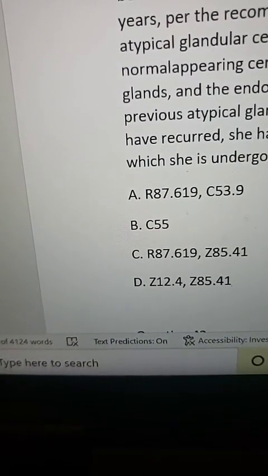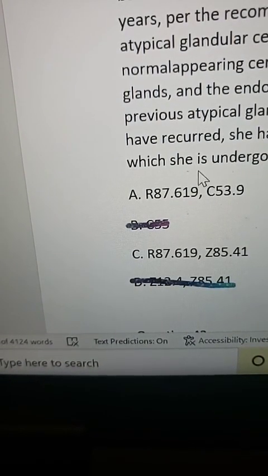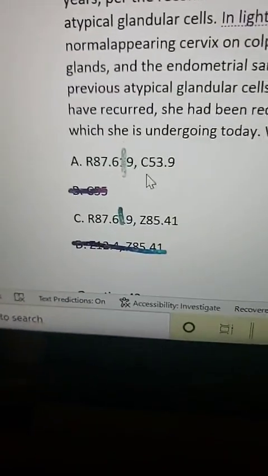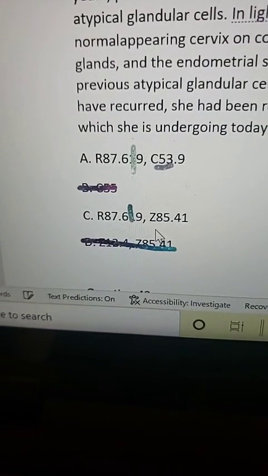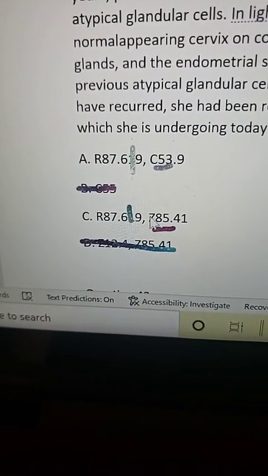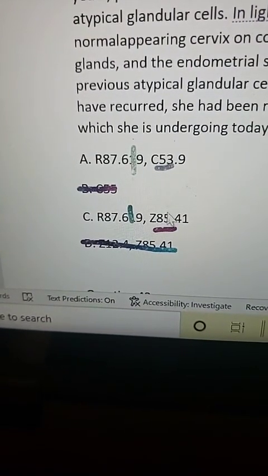Now on this one, if I was going based off the process of elimination, I'd get rid of B and D because they're not like the others. This one and this one, I wouldn't even look up the first code because they're the same. The only difference is a C code and either a history of code or something like that.